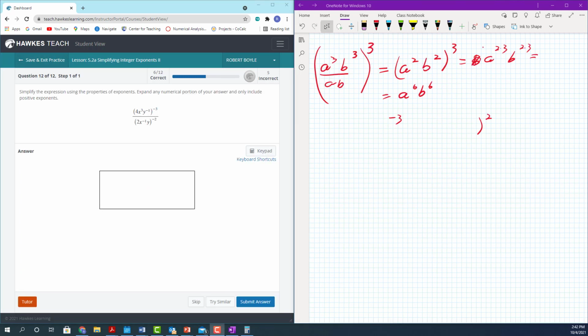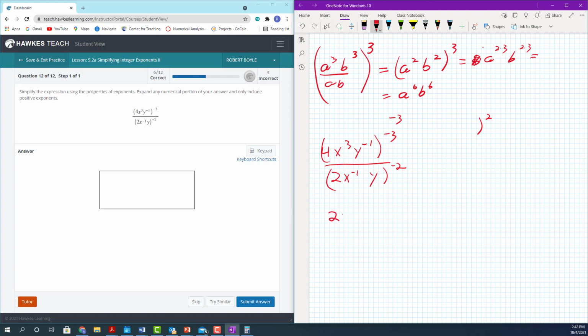Okay, so here we have (4x cubed y to the minus 1) raised to the negative 3rd power divided by (2x to the negative 1 y) raised to the minus 2 power. Well, notice here that this is raised to the negative 2nd power, so we can place that in the numerator raised to the 2nd power.